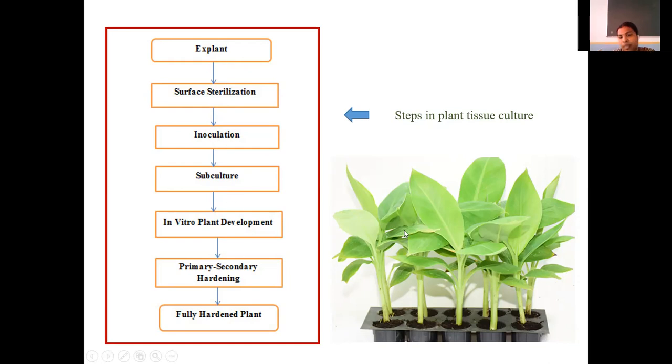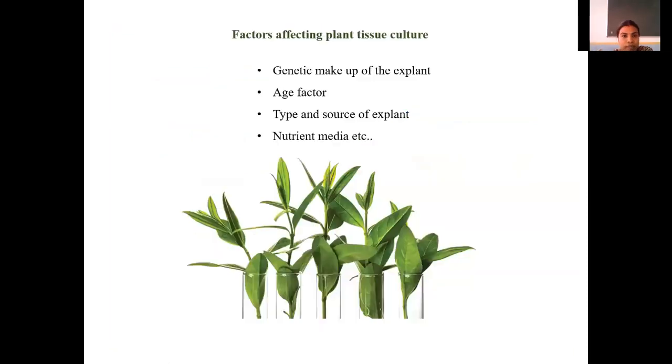These are the basic steps for running plant tissue culture successfully: explant chosen, surface sterilization, inoculating, subculturing, in vitro differentiation, then primary and secondary hardening under your supervision for 15 to 20 days, and finally you transfer the disease-free, healthy plantlets to soil, or you can say greenhouse conditions.